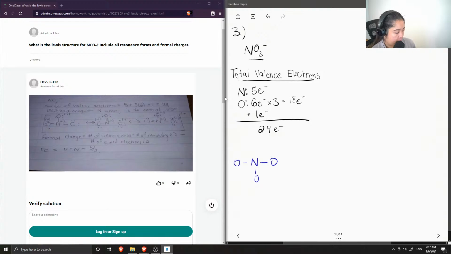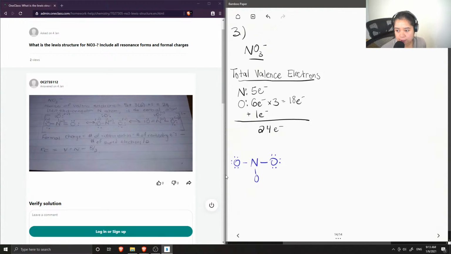Okay, so now I will fill in all of the electrons. And before I fill out the last one, let's count out how many I've drawn so far. So we have 8, 9, 10.